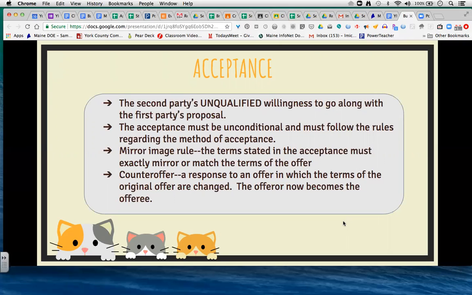A counteroffer is a response to an offer in which the terms of the original offer are changed. The offerer now becomes the offeree. So if I tell you I'll sell you my pen for $5 and you say I'll give you $2, that's a counter offer.